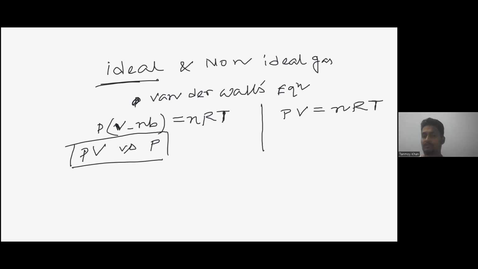So PV is a constant. What does constant mean?